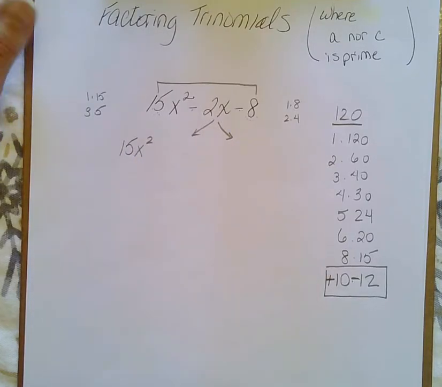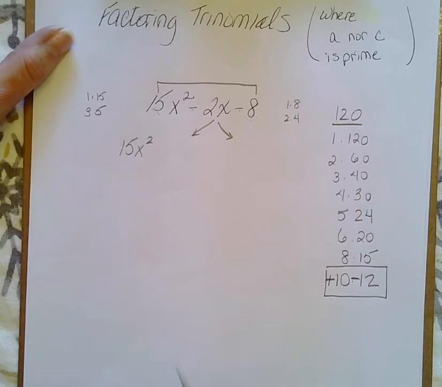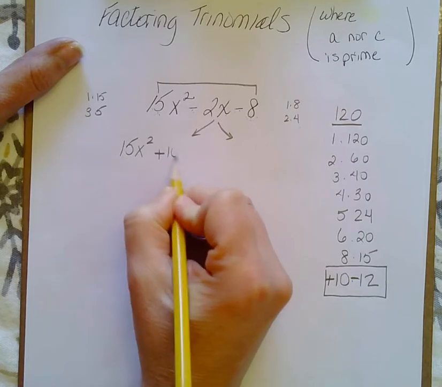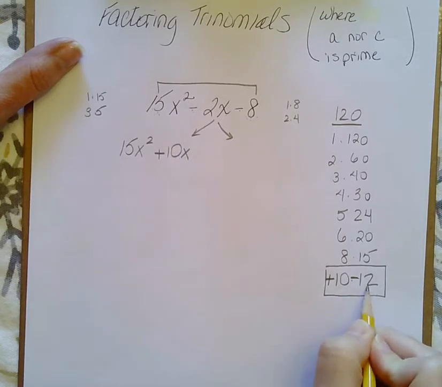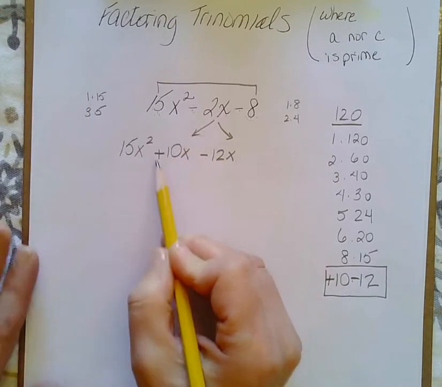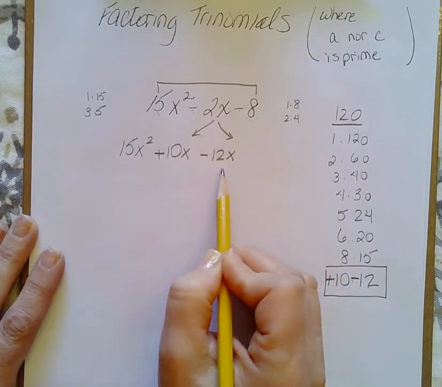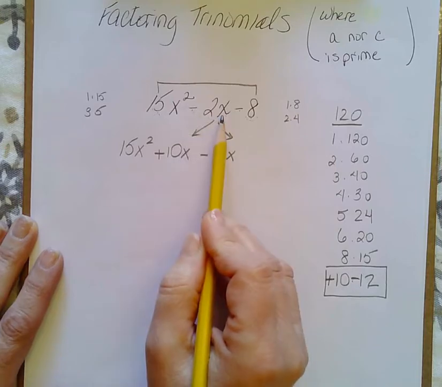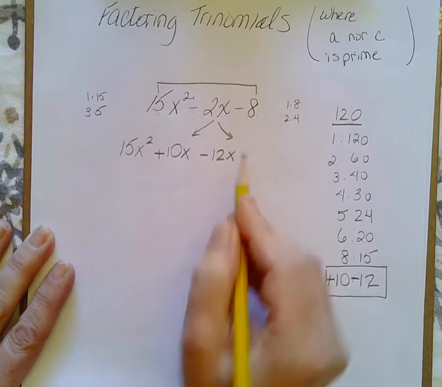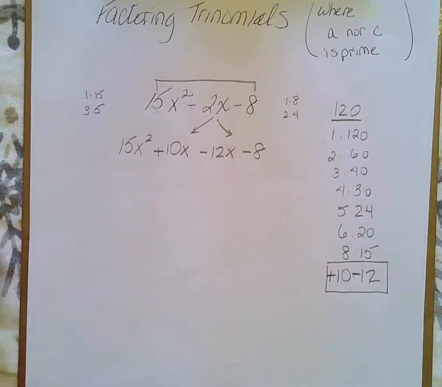This minus 2x, I'm going to rewrite as plus 10x and minus 12x. Because these terms, if you combine them, they are -2x. So it's the same thing, just looks different. Minus 8. But now I have 4 terms, so now I can factor by grouping.